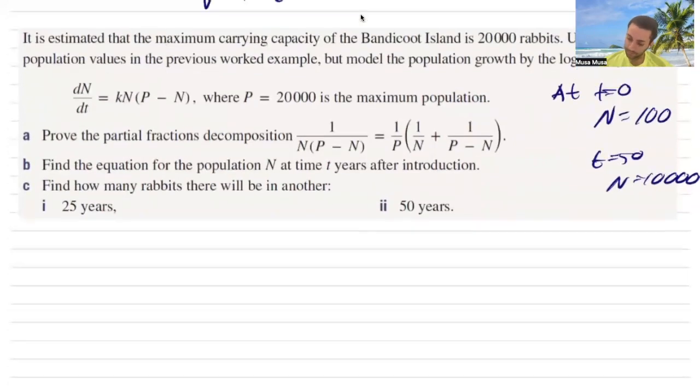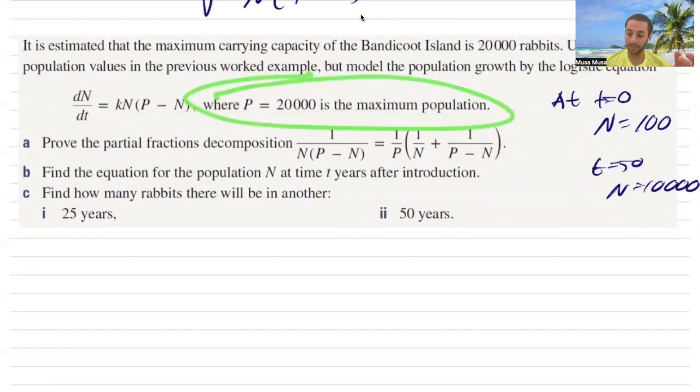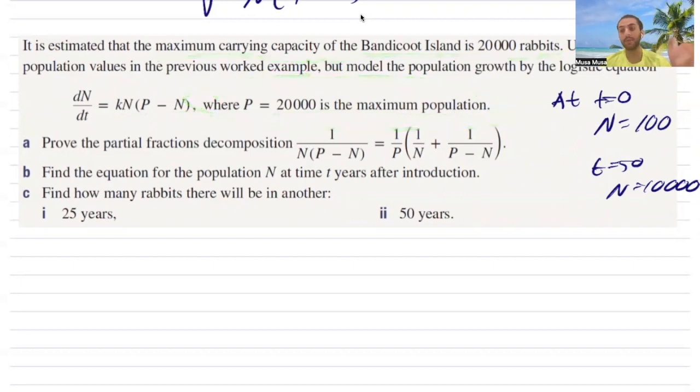Nice. Okay, so it's given by this. I don't see how it says dN/dt equals this, where P equals 20,000 is the maximum population. I don't think we need to be given that. As soon as it says the maximum carrying capacity is 20,000 rabbits, that's going to be the limit. That's going to be what it's going to approach. So we automatically can tell that's going to be the P.